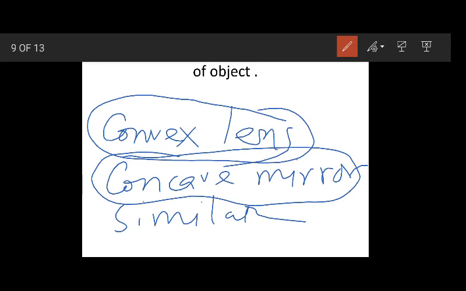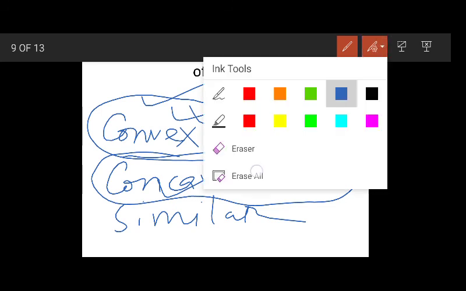But here it is refraction, while in the case of a mirror there will be reflection; the image is formed by reflection, but here the image is formed by refraction of light. So probably you understand, my dear students.